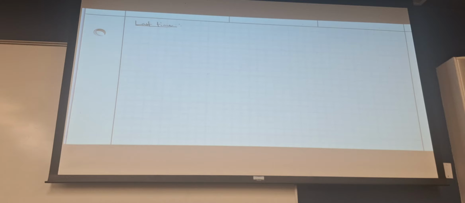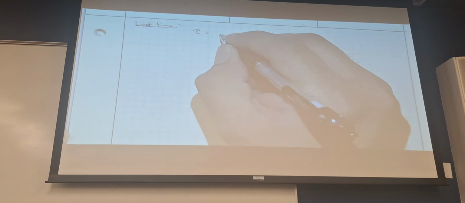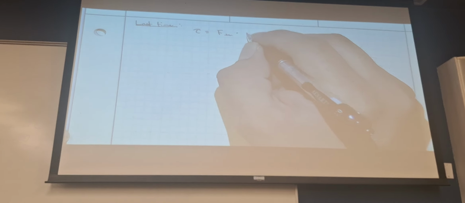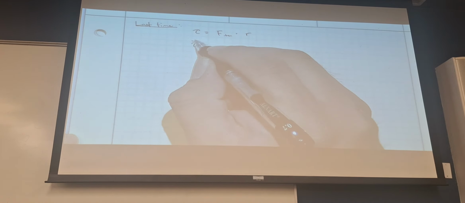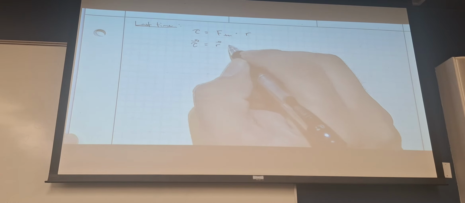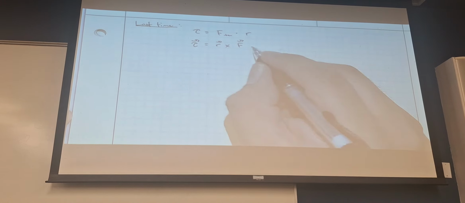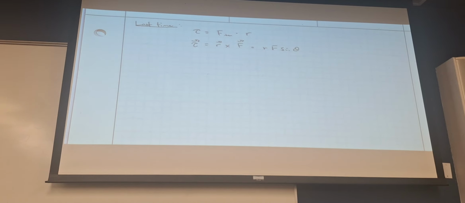All right. So last time we had torque is equal to the tangent force times the radius, right? So this came about from this. And by definition, this is R F sine theta, where theta is the angle between them.